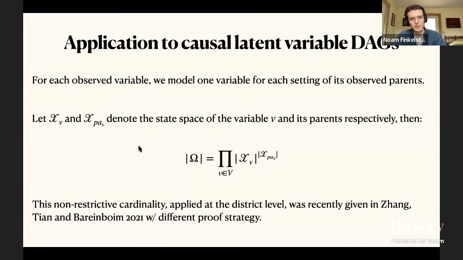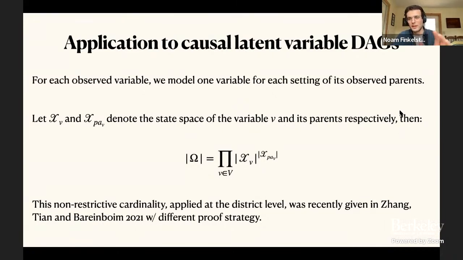And what that means is, if we let script X sub V and script X sub parents of V denote the state space of the variable V and its parents respectively, then the total sample space for the variables that we're modeling is going to be given by this product. And this can get really big really fast. If you have multiple parents of V, then you have this combinatorially sized thing, which is anyway in an exponent.